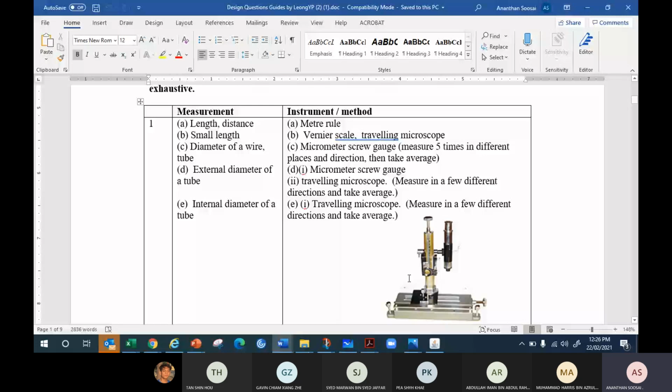A traveling microscope is also used to read a small reading, like the liquid rising in a capillary tube. Maybe this Thursday, if you can remind me, I will ask the lab to show you one. Then the external diameter, micrometer. So you have the instrument to be used.